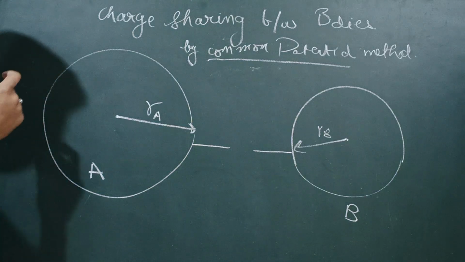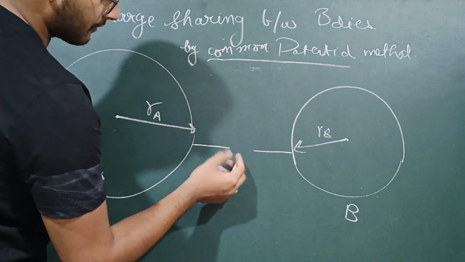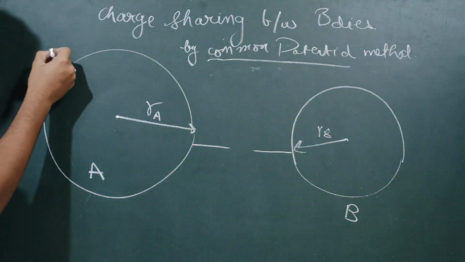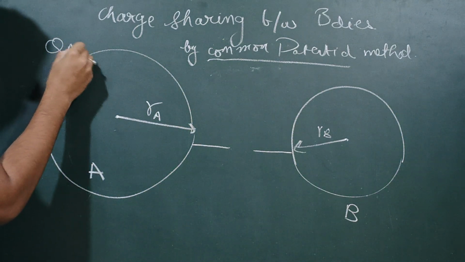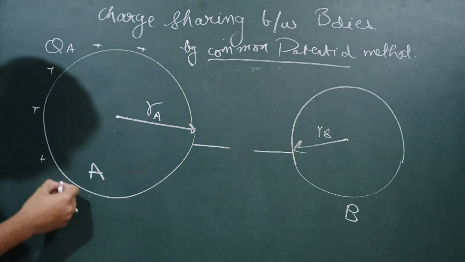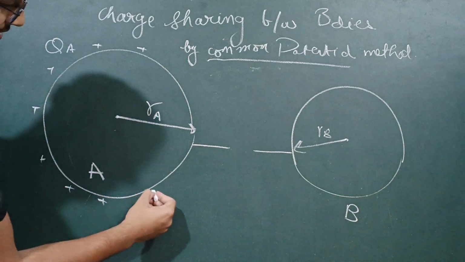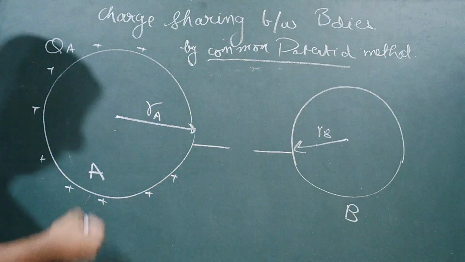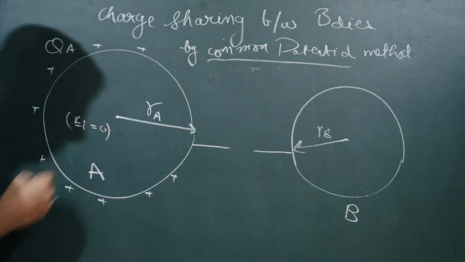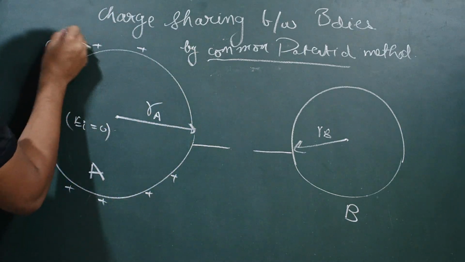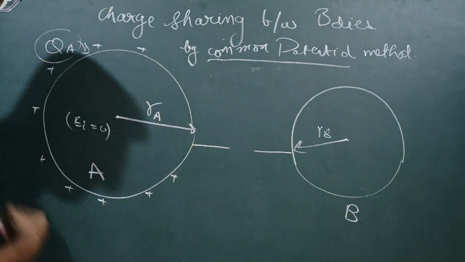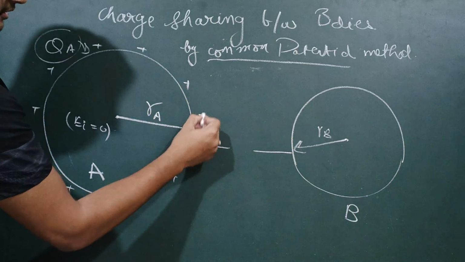And let's say after joining them with a wire, I have given a charge QA to this sphere, and this will distribute on this whole sphere because it is a conducting sphere. In order to make the electric field inside A equal 0, the charge QA I have given to this sphere will distribute symmetrically in all the directions.